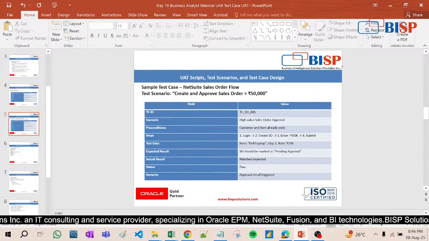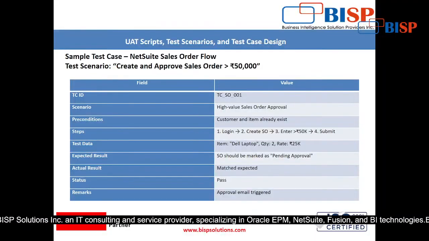Then you will see a similar example, like sales order greater than 50,000. So the expected result should be this, then the actual result should be this. Now you have to create one sales order. Take any other scenario. Then you will see what the scenario is, what the preconditions are, what steps to follow, then test data.